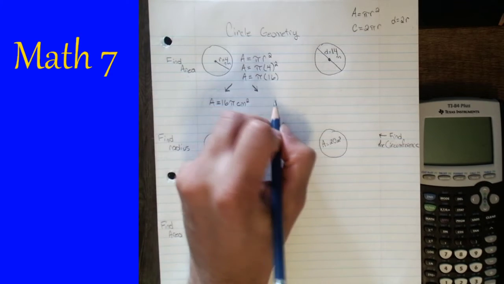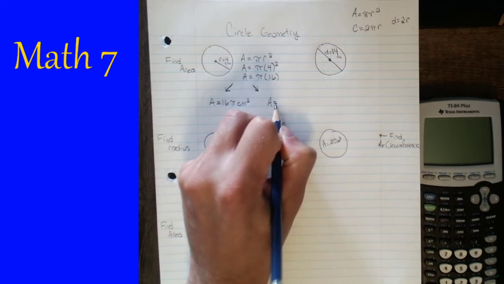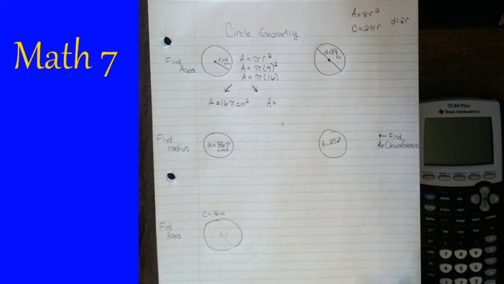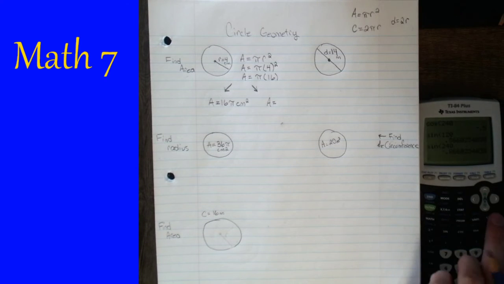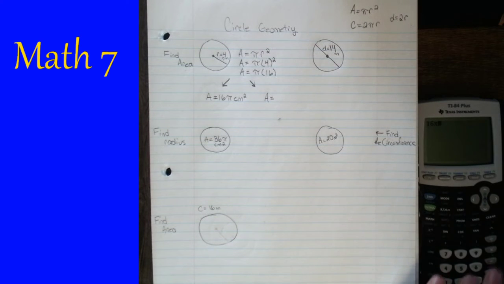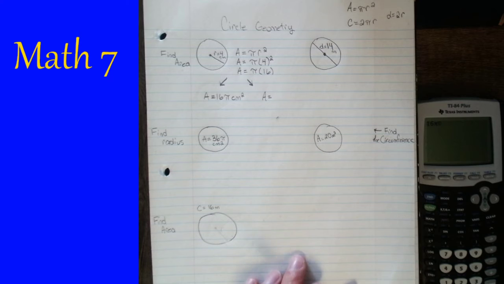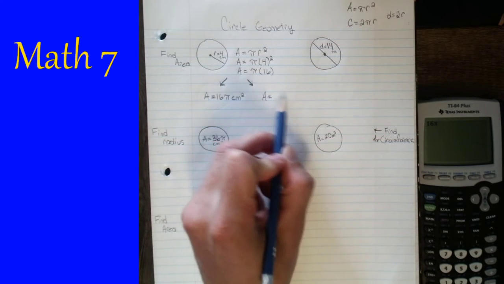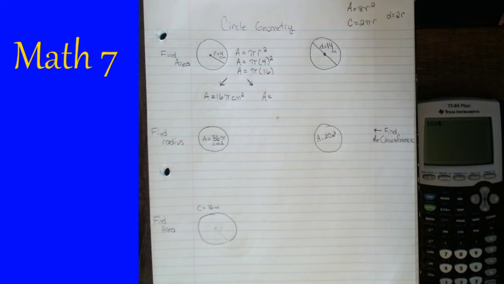The other way that we can write this is to calculate out what 16 times pi is. Every calculator has a pi button. I would encourage you to use it to figure out this other way to write the area.